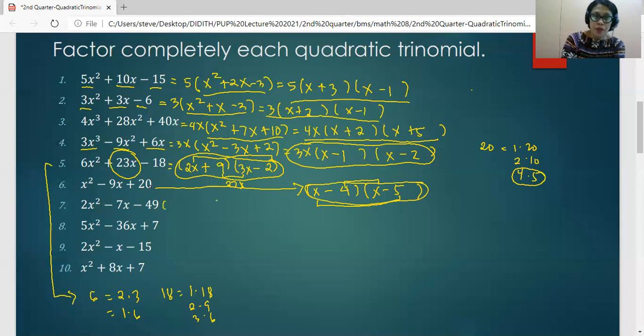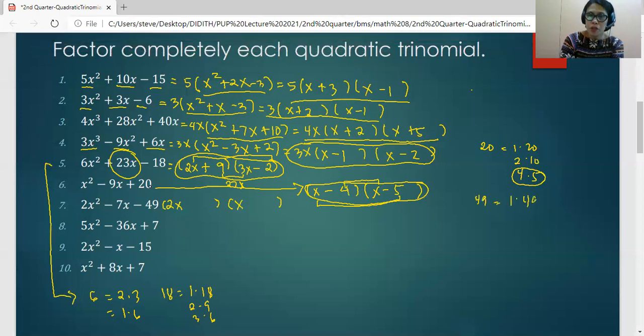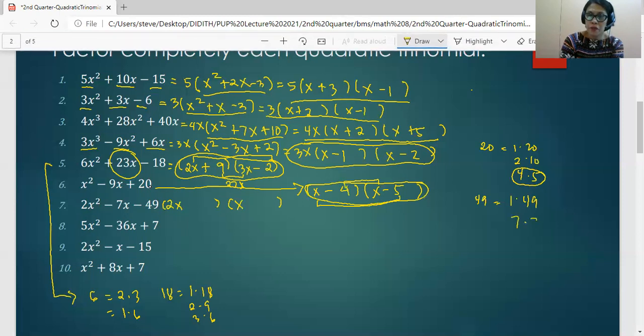Now, for number 7, we're expecting two binomial factors. The factors for 2 are 2x and x. And then for 49, we know that there's 1 and 49 and then 7 and 7.